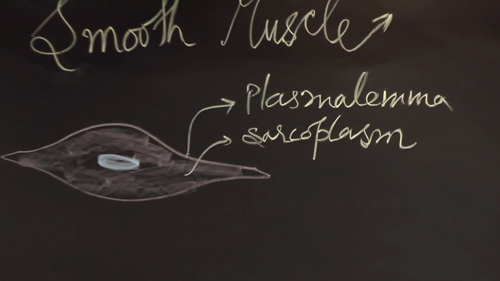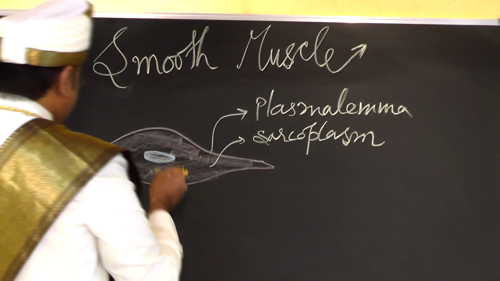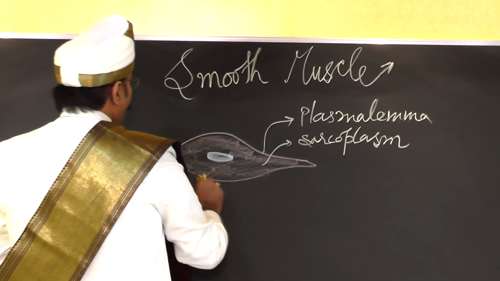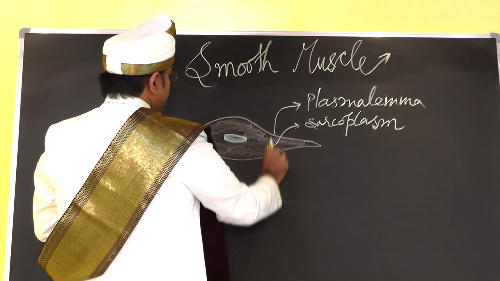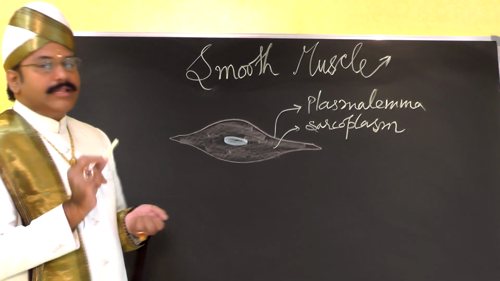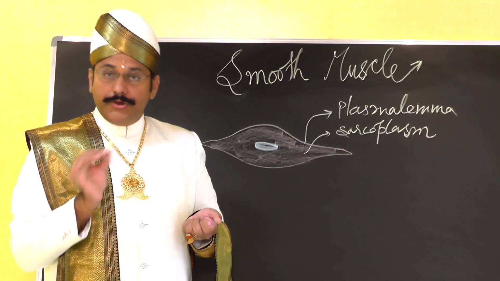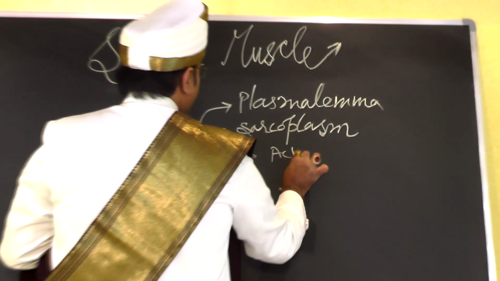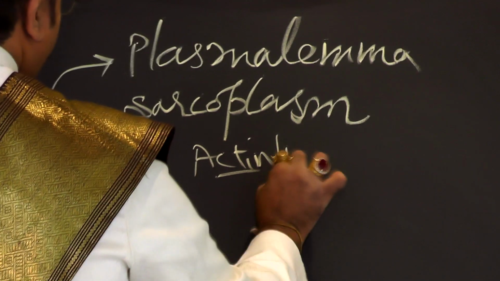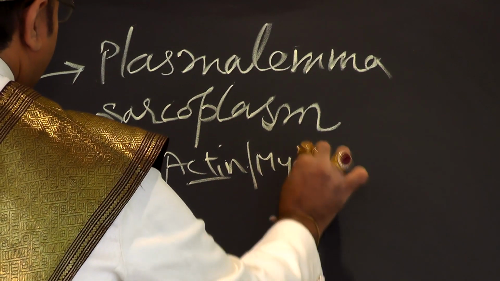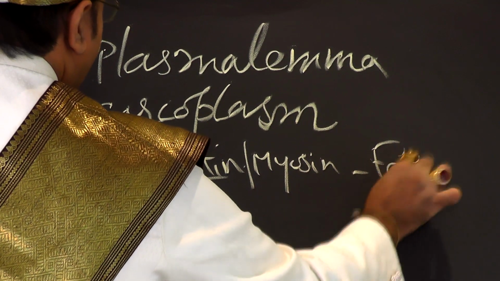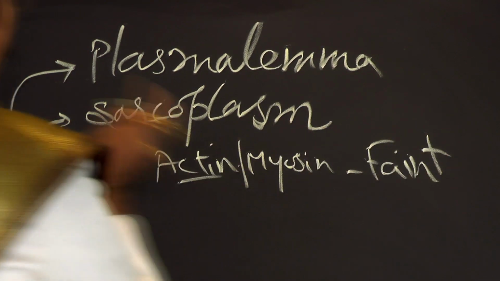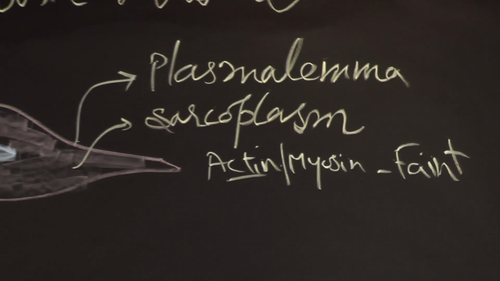And here if you see, some longitudinal striations are seen, but they are very faint due to the presence of actin and myosin. Due to the presence of actin and myosin filaments, you have some striations but very faintly seen. That's why you are calling it non-striated.